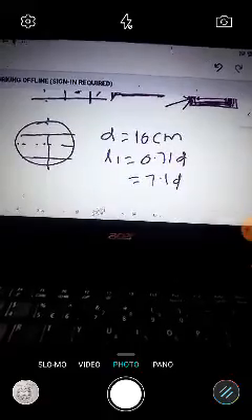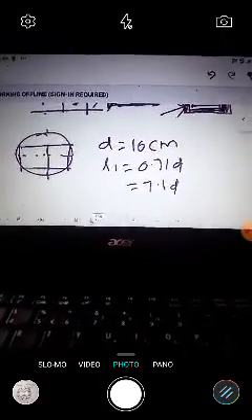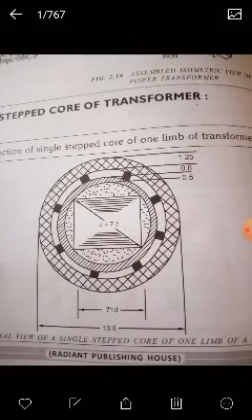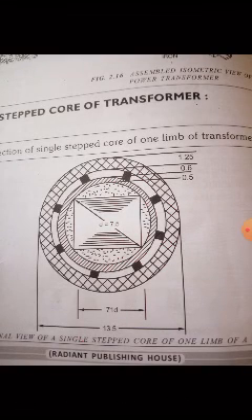Is it right or wrong? This is the first question: how you got it, d equal to 10 centimeters, the formula is 0.71d. By using this, 7.1 centimeters will be the dimension, and this is how you have to draw it.